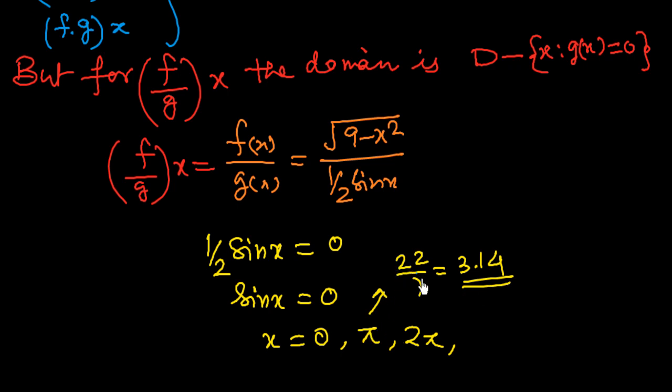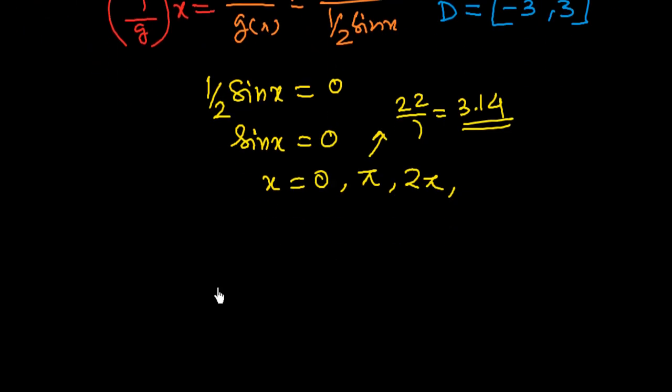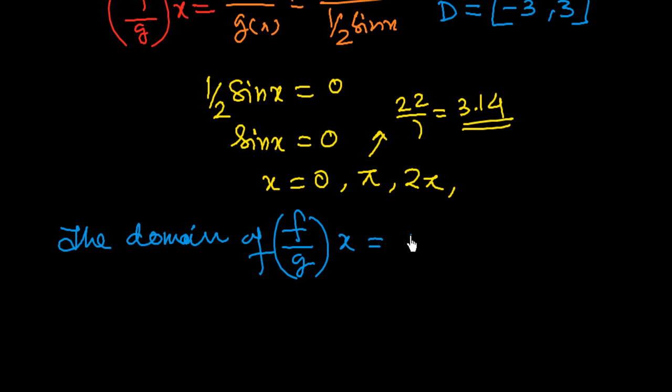But we know that D is minus 3 to 3 in closed interval, so pi won't be in our D. We have to just subtract 0 from D. So the domain of f over g of x is equal to D minus 0.